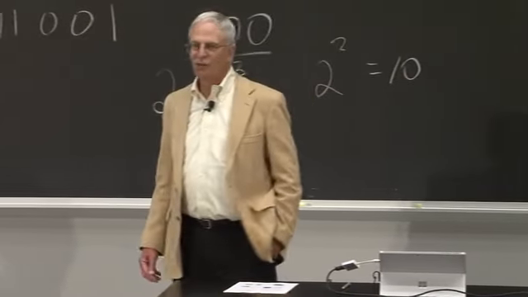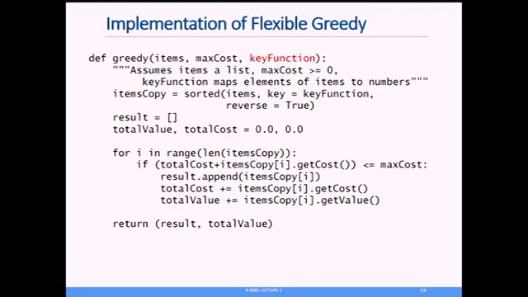Here's an implementation of a greedy algorithm. I called it a flexible greedy, primarily because of this key function over here. So you'll notice in red, there's a parameter called keyFunction. That's going to map the elements of items to numbers. So it will be used to sort the items.